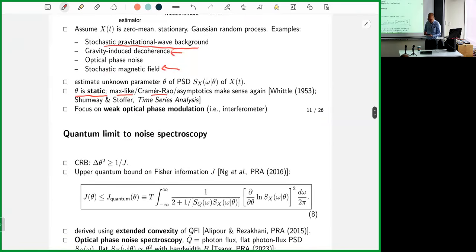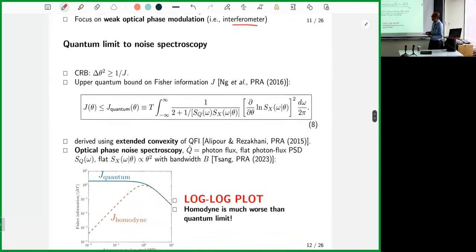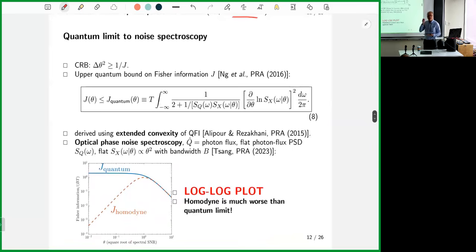And I'm going to focus on interferometry as the example. We'll calculate the quantum Cramér-Rao bound for this problem. So this is the Cramér-Rao bound. It's expressed in terms of 1 over the Fisher information. We managed to calculate an upper quantum bound. It's not exactly the quantum Fisher information, but an upper bound on the Fisher information.